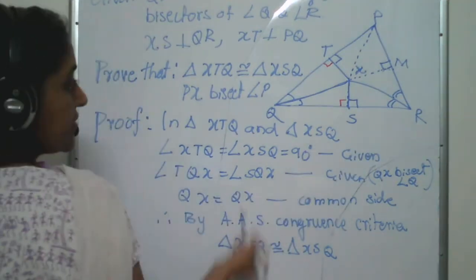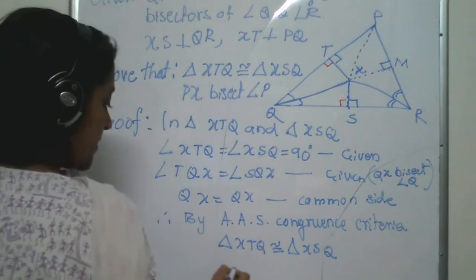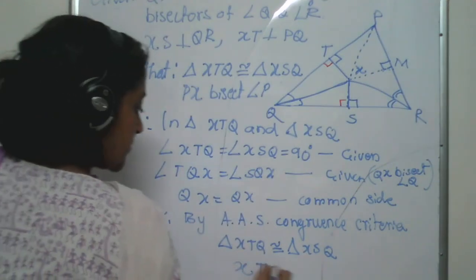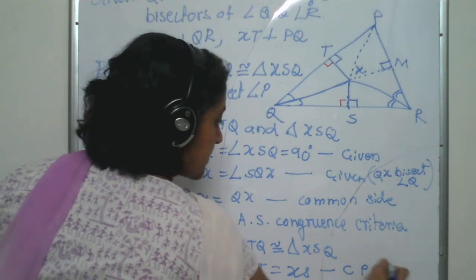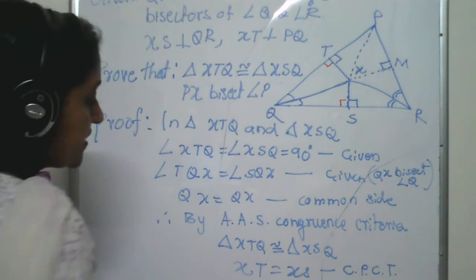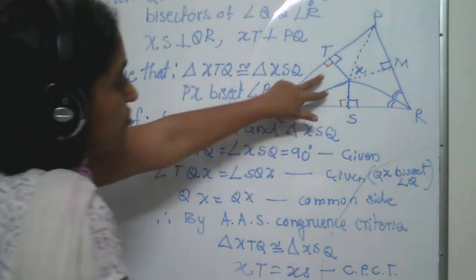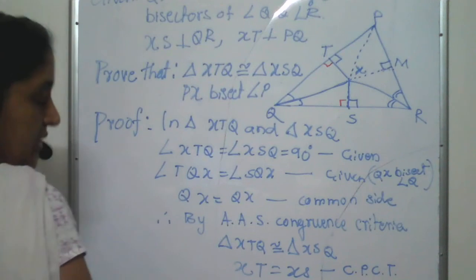Before that, I would like to say here XT and XS will be equal. XT is equal to XS by CPCT. You know that these two triangles are congruent, hence XT and XS are going to be equal.